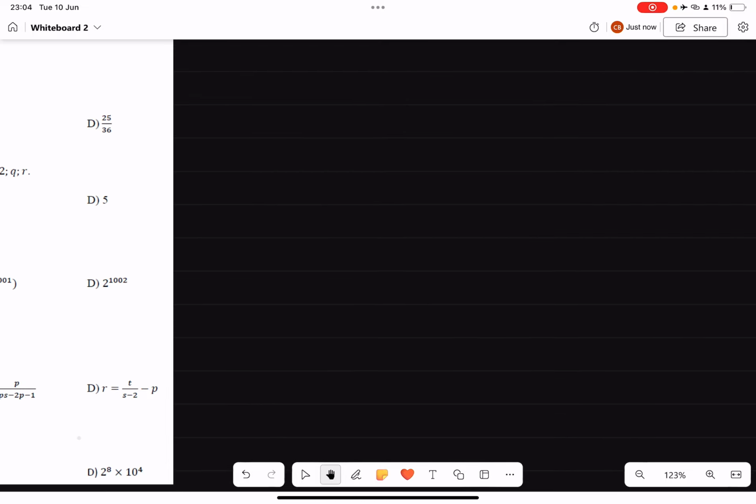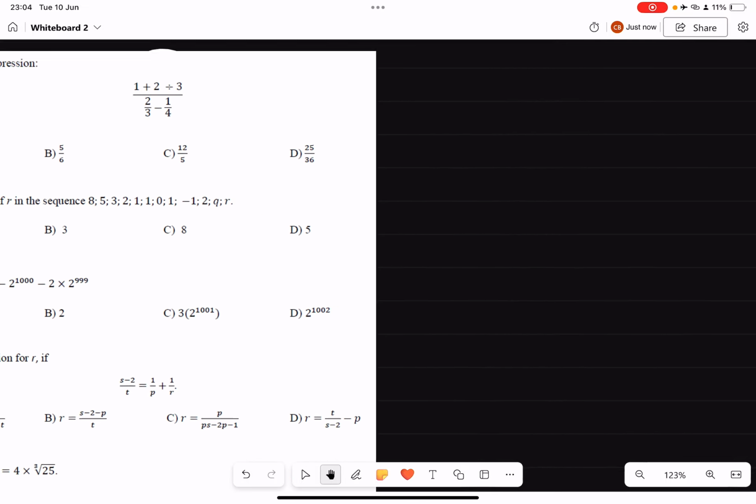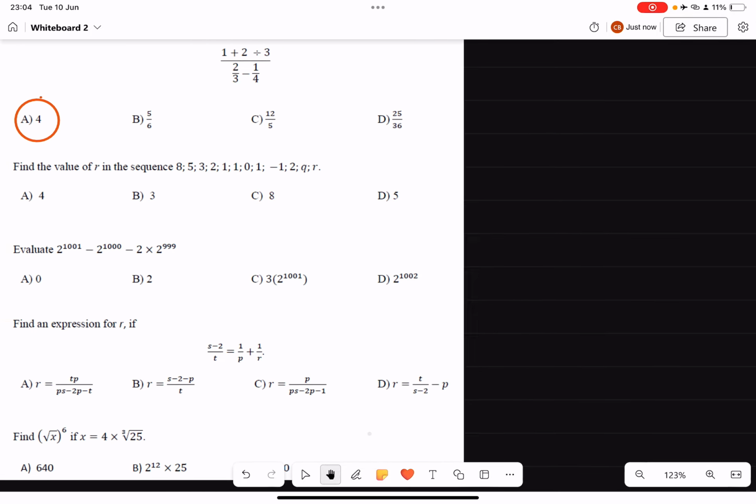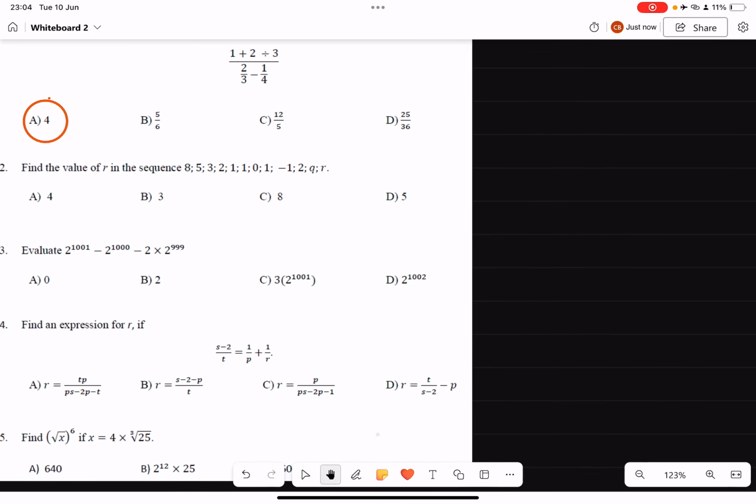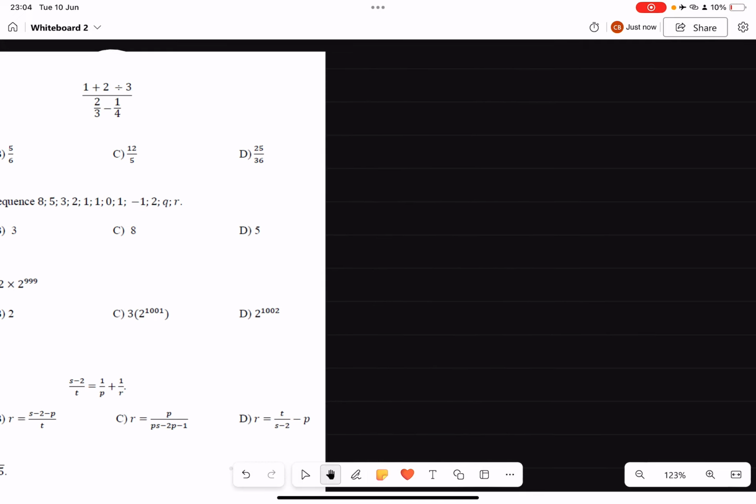All right, so on question 2, we are given the following sequence and we are asked to find the value of R. Okay, let's do that.